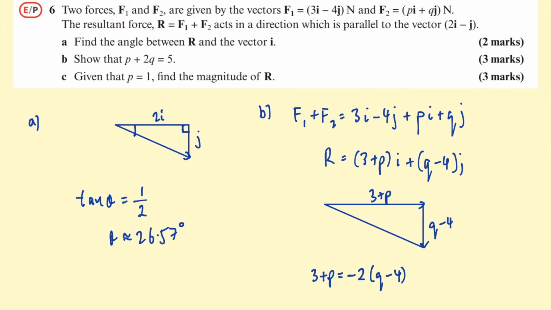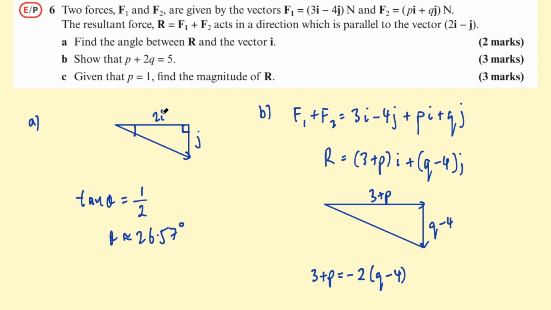You could also write it like this: 3 plus p equals 2 times minus (q take 4). My point there being that you just need to understand that this vector is a positive vector because it's going in the positive x direction, and q minus 4 is a negative vector. It's going in the negative y direction. So they're going to have opposite signs when we create that equation.